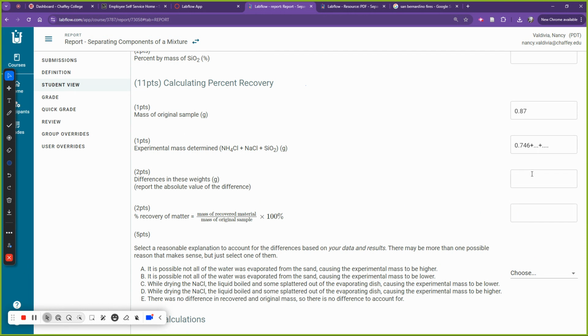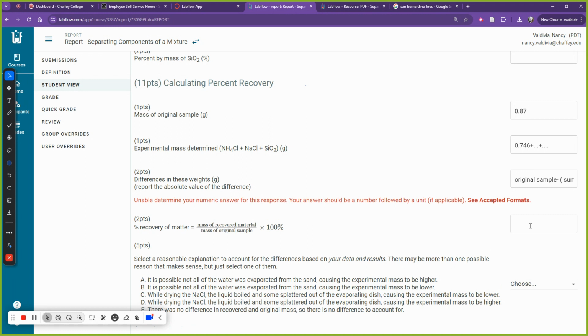I'll just write, this one is going to be the original sample minus the sum of all the substances in the mixture. You can't read that, but everybody can replay the video. Original sample minus the sum of all the substances in the mixture.